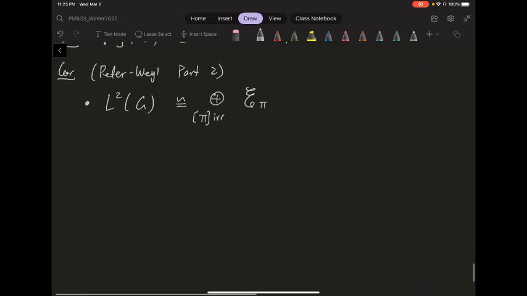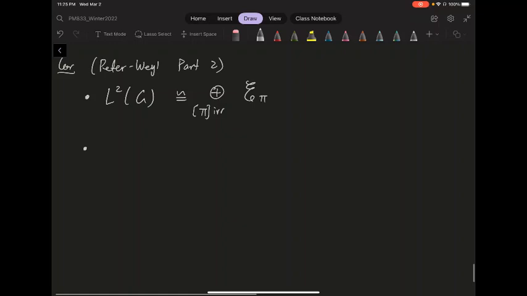Okay. And moreover than that, if you think about what happens to the left regular representation, your left regular representation, lambda, is going to act on the L2 of G. And we saw that if you restrict lambda to each of these E pi, this E pi is going to be a d pi squared dimensional invariant vector space for lambda. And we showed that lambda restricted to this E pi is basically d pi copies of the pi bar, okay?